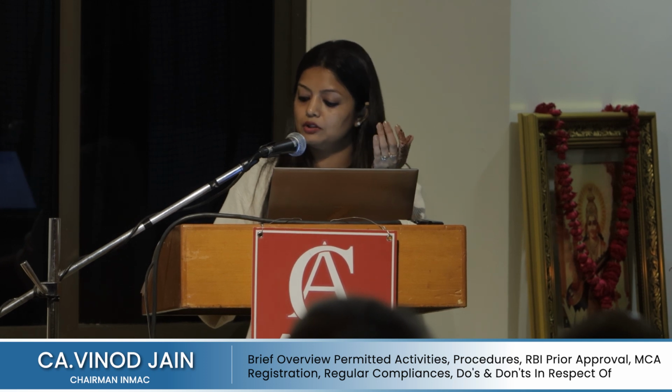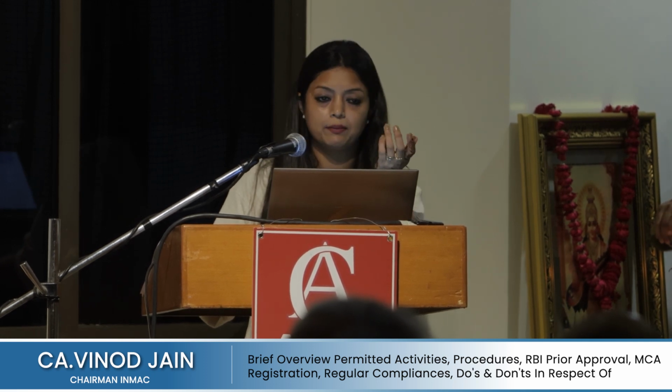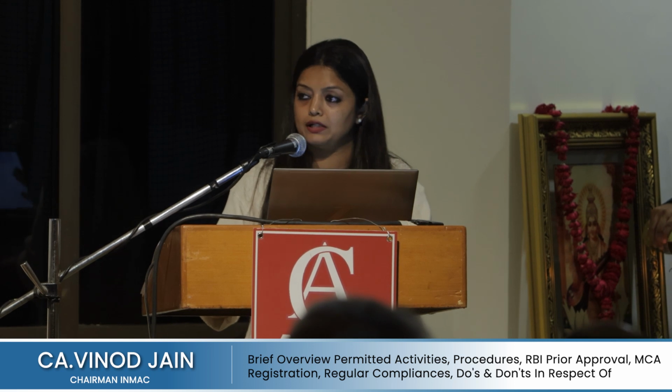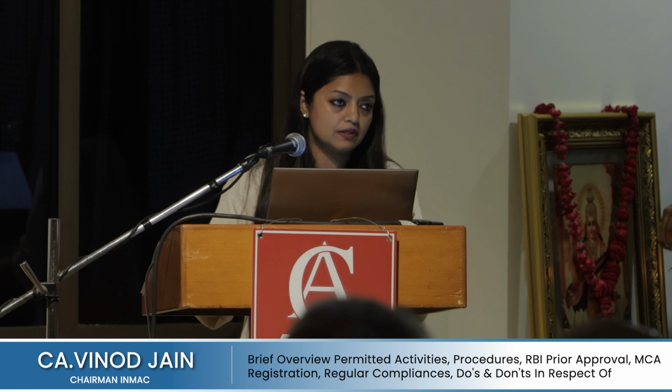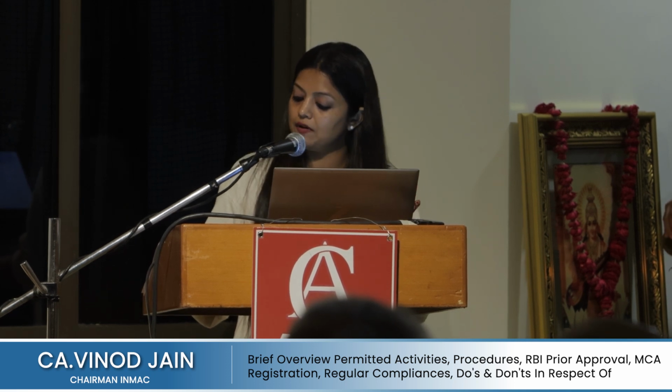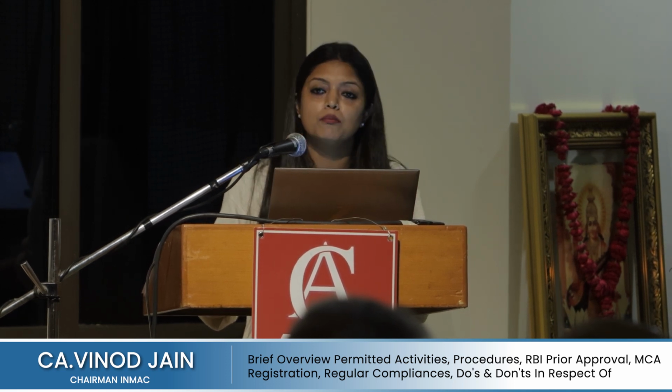The third is units which have defaulted in repayment and have siphoned off the funds, so that the funds have not been utilized for the specific purpose for which finance was availed, plus the funds are not available with the unit in the form of other assets.